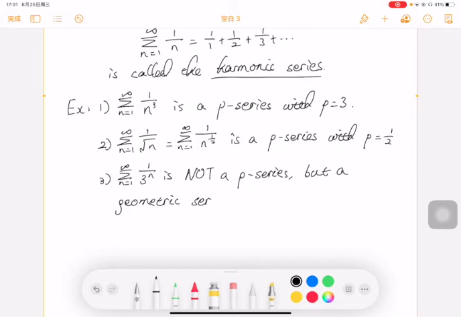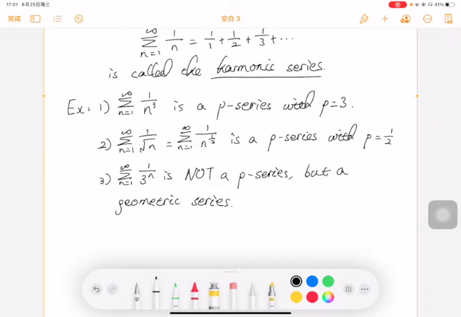We talked about geometric series in the last lecture. A geometric series is essentially a series where each term is a constant multiple of the previous. So in this case, each term is 1 over 3 times the previous term. That makes this a geometric series.